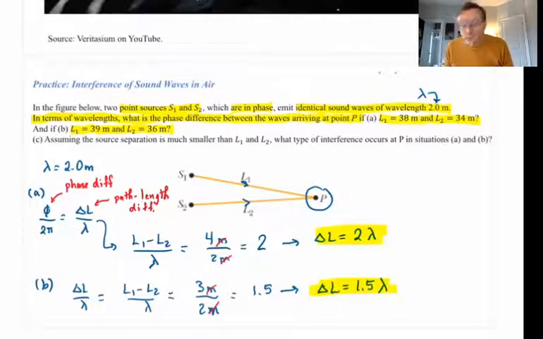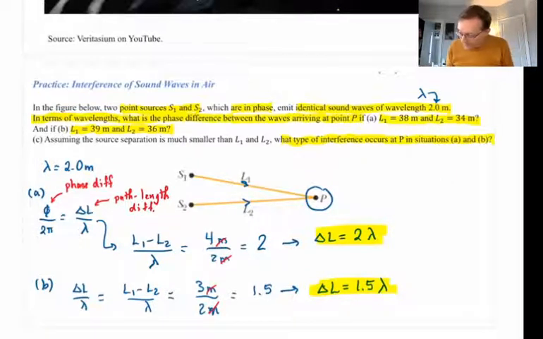That's all. Now part C says, assuming the source separation is much smaller than L1 and L2, what type of interference at P occurs in these two situations? Really, all that we want you to do is look at those results for delta L in the two cases and tell me, is it fully constructive, fully destructive, or anything else intermediate?